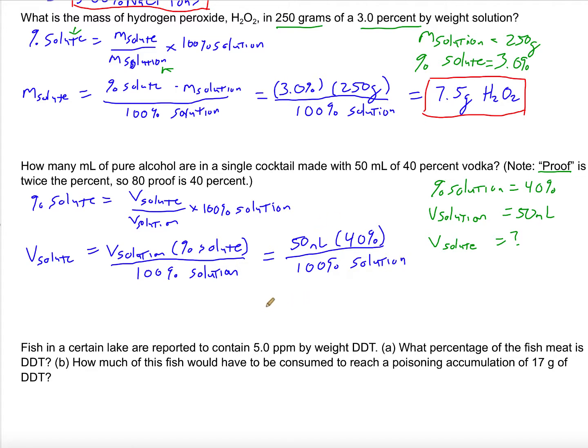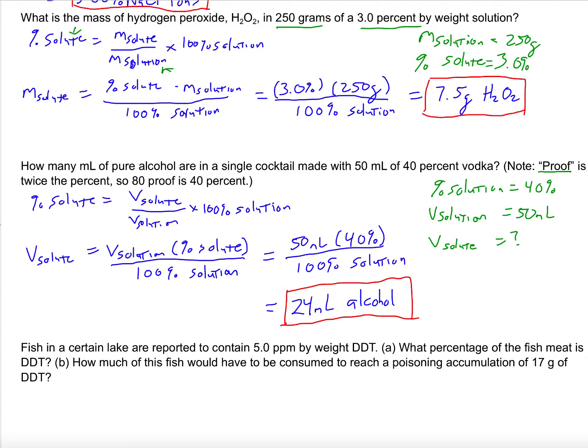So when we multiply those out, we are going to find out that that gives us 24 milliliters of alcohol. So our answer for that would be 24 milliliters of alcohol there, based on the numbers that are given.